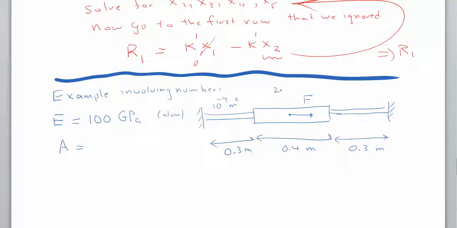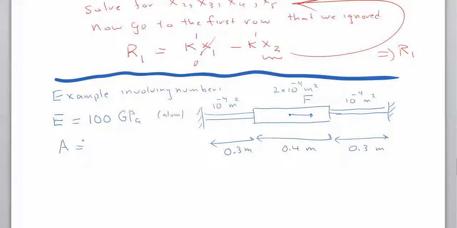For this one, 2 times 10 to the minus 4 meters squared. And for that one, also 10 to the minus 4 meters squared. 10 to the minus 4 meters squared means that the cross section is 10 millimeters by 10 millimeters. Think about it like that. It can be circular, but anyways.